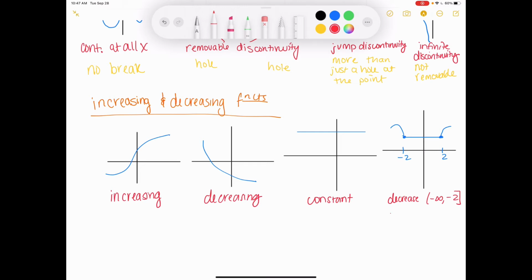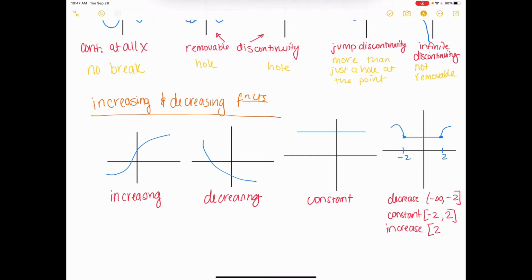It's constant from -2 to 2, and again, they're bracketed off for the same reason. And then lastly, after that, it goes up, so it's increasing from 2 to infinity. And remember, with the infinities, they do have the parentheses on each end of them. So give a second to make sure you get all of those copied down.